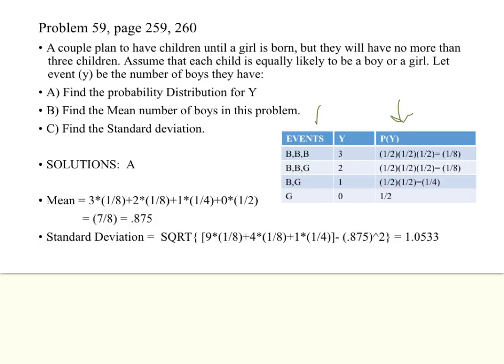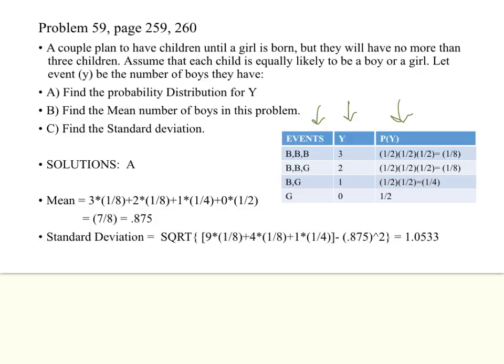So the solution for A is this probability distribution which we create. These are the events: boy, boy, boy; boy, boy, girl; boy, girl; girl. And so y is equal to the number of boys. There is the y variable, 3, 2, 1, and 0. And then the probabilities of each event.